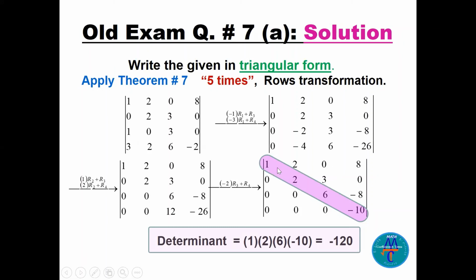And then use the 6 multiplied by minus 2 to change the 12 to 0. You have to change this number here. So this is 5 times. And then you have zeros under the main diagonal. This is triangular form. So multiply 1 times 2 times 6 times minus 10 will be minus 120.